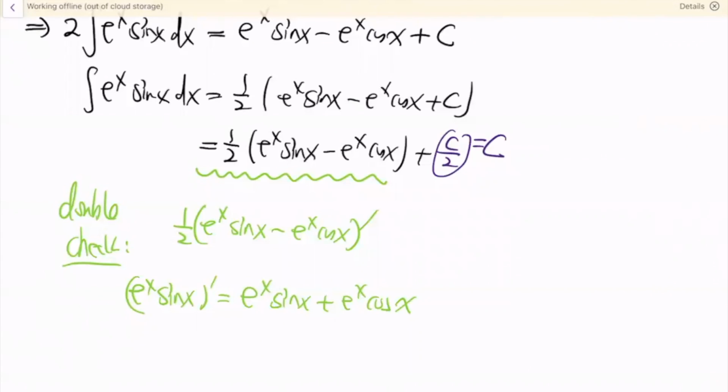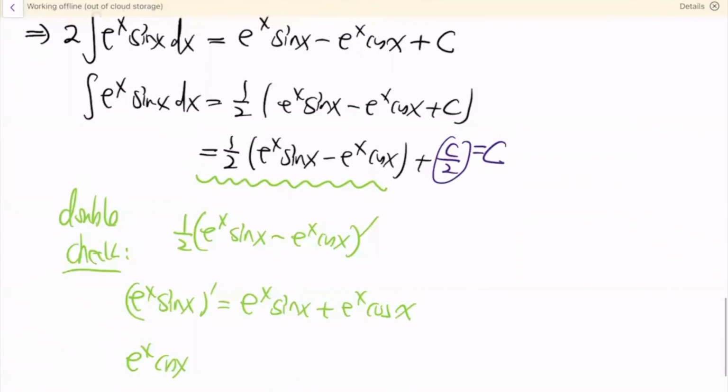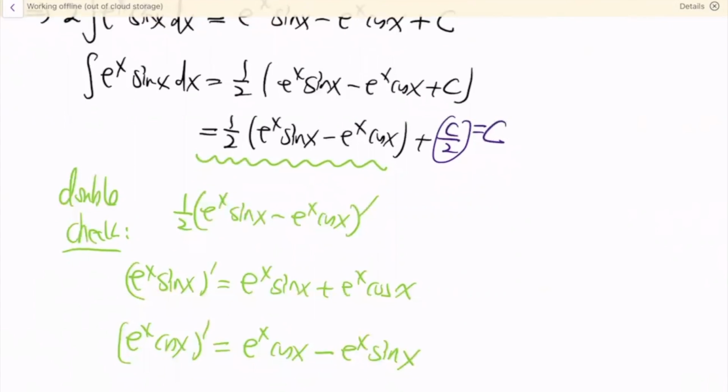Then for the second part, the derivative is e^x cosine x, and then minus e^x times sine x, because the derivative of cosine x is negative sine x.